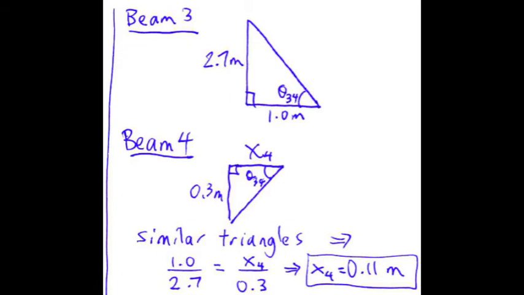It goes to the left x sub 4, the distance we don't know, and it goes down just 0.3 meters, from the bottom of the mirror to the floor. Again, theta sub 3,4 is the same in both triangles because of the law of reflection. So these are similar triangles. 1.0 over 2.7 from the first triangle equals x sub 4 divided by 0.3 from the second. Solving for x sub 4, you get 0.11 meters.